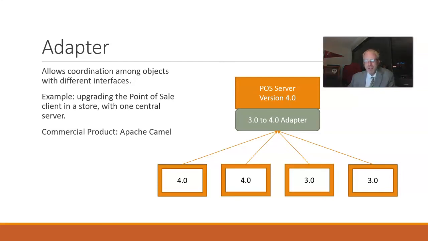Now, consider this challenge. What if we have to upgrade the point of sale? Typically, the server is going to be on the same version as the client point of sale devices or cash registers. Well, what if the format of a transaction changes from one version to another? So let's take this example where we are upgrading our server and our point of sale devices to version 4.0, and we're going from 3.0.